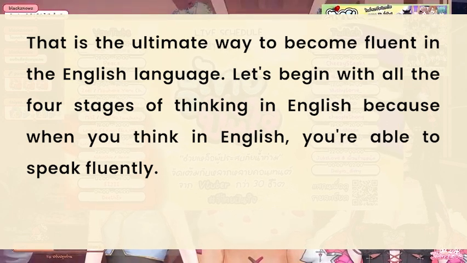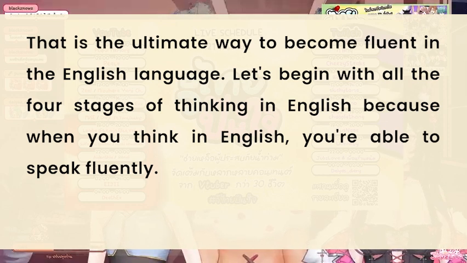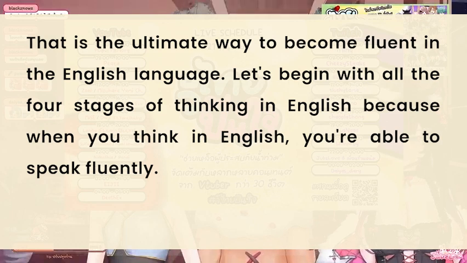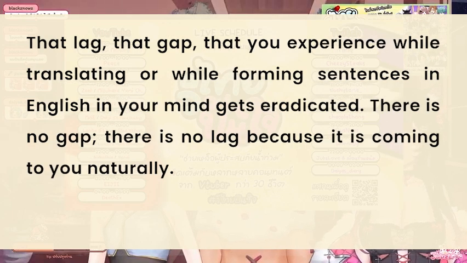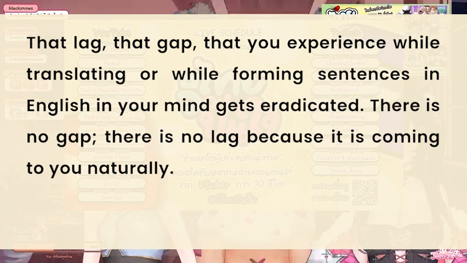Let's begin with all the 4 stages of thinking in English because when you think in English, you're able to speak fluently. That lag, that gap that you experience while translating or while forming sentences in English in your mind gets eradicated. There is no gap. There is no lag because it is coming to you naturally.